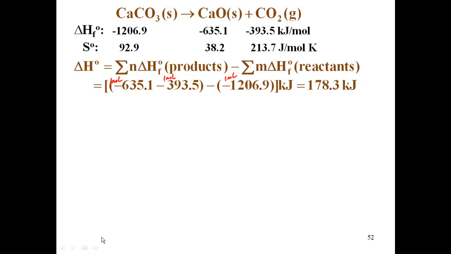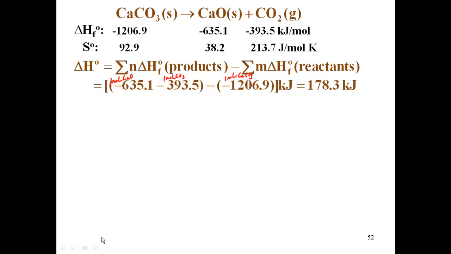Moles cancel. Add my carbon dioxide, 1 mole times negative 393.5 kilojoules per mole. Moles cancel. Then I have 1 mole of calcium carbonate times negative 1206.9 kilojoules per mole.